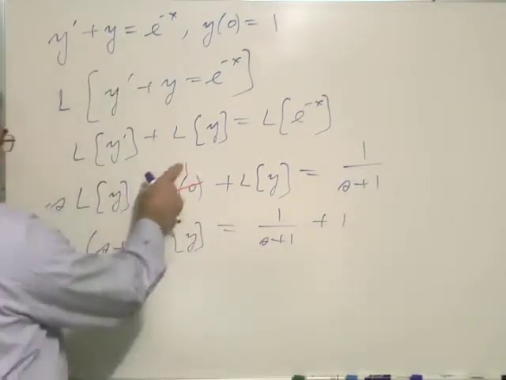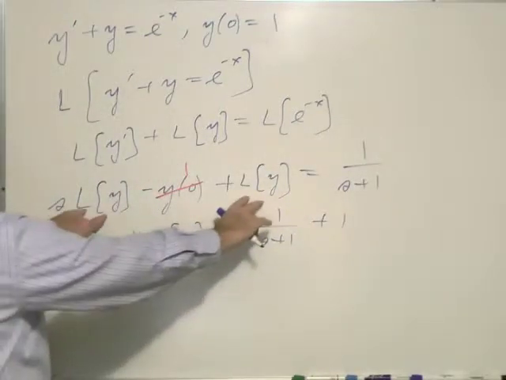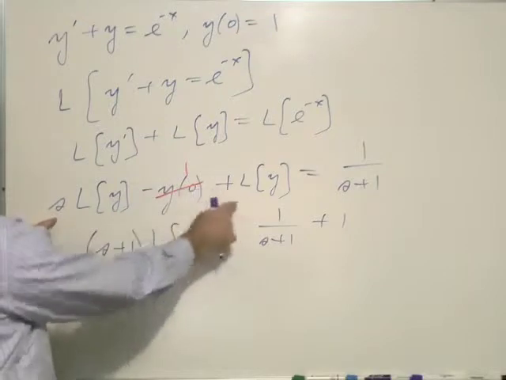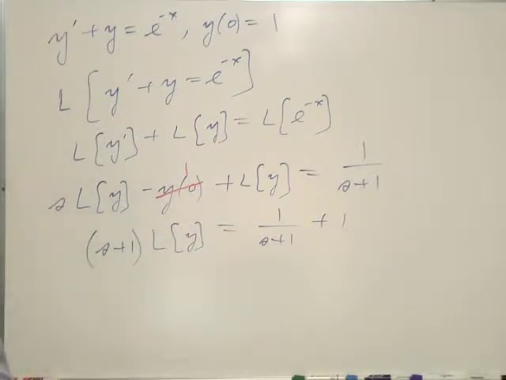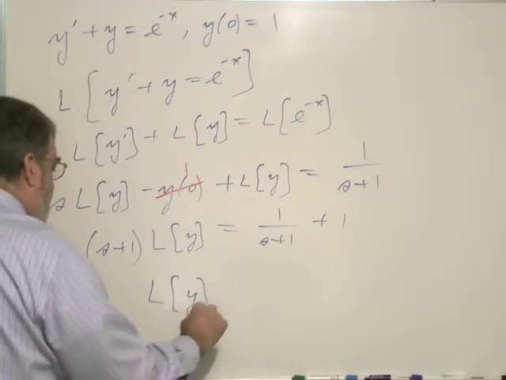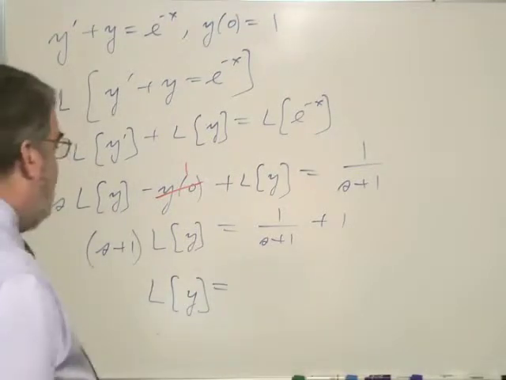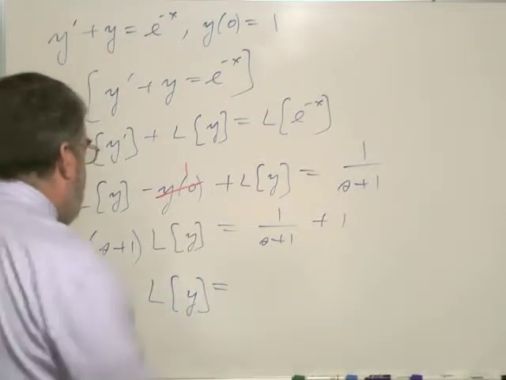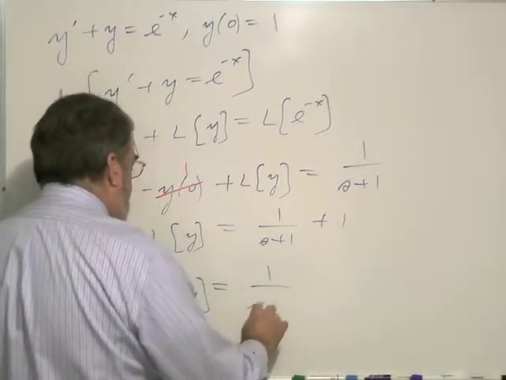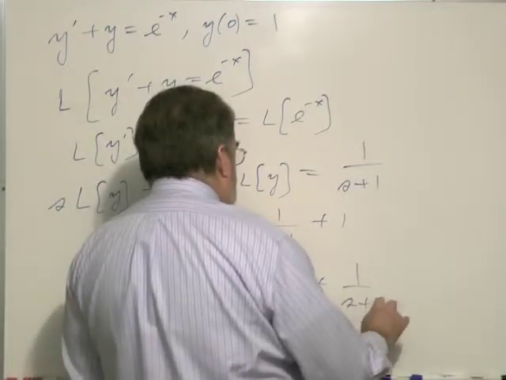So I added 1 to the right side, and I factored the Laplace transform out, leaving s plus 1. And so now the Laplace transform of y is equal to, I'll divide by s plus 1, and we get 1 over (s plus 1) squared plus 1 over s plus 1.